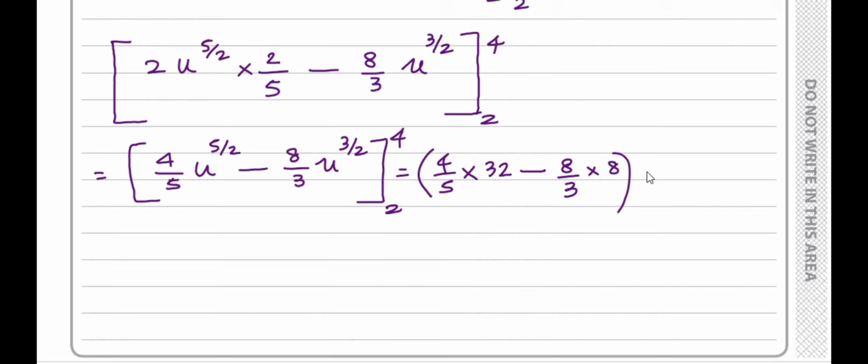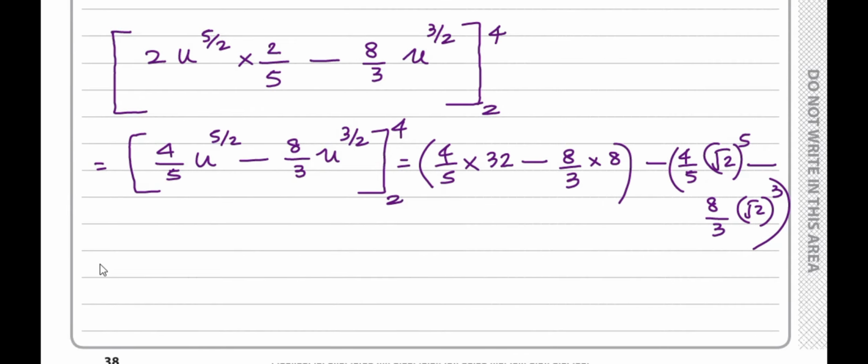Bracket minus, now let's put all the values of u as 2. So 4 over 5 square root of 2 to the power of 5 minus 8 over 3 square root of 2 to the power of 3.